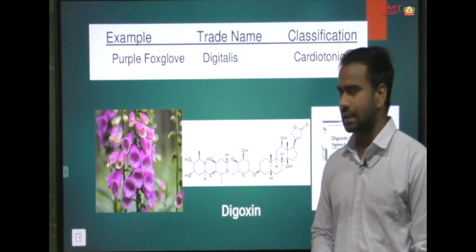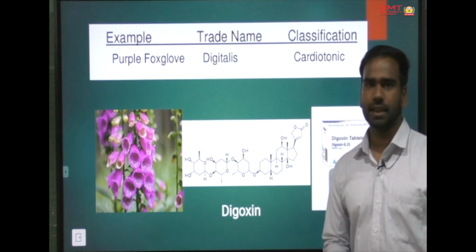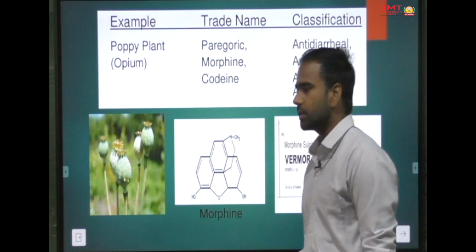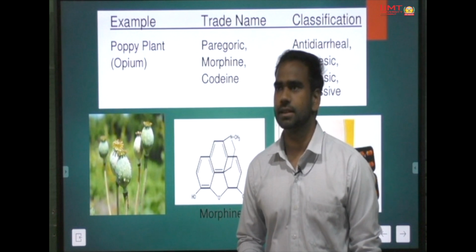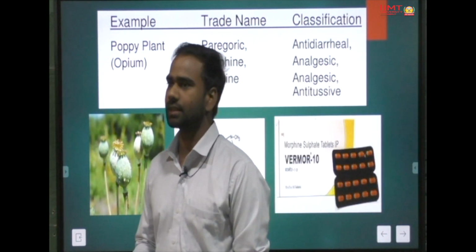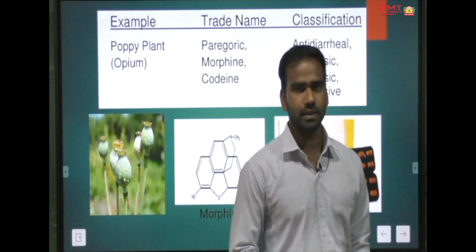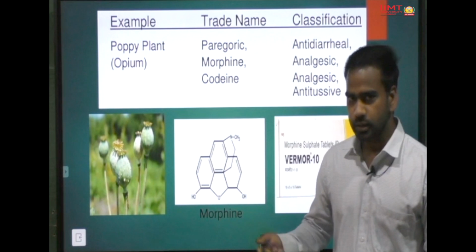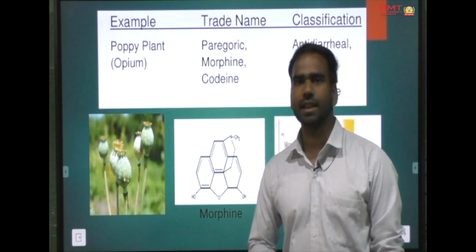The product has already been sold by different companies under the name digitoxin in the form of tablets. Suppose we talk about Papaver somniferum. As you know, Papaver somniferum is in the narcotic category of plants, meaning the government imposes several excise duties and taxes on the growing, cultivation and development of such plants.